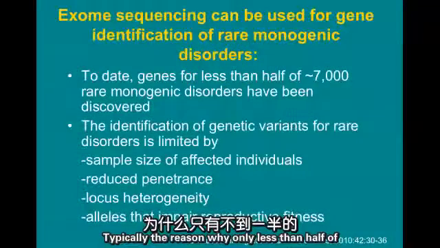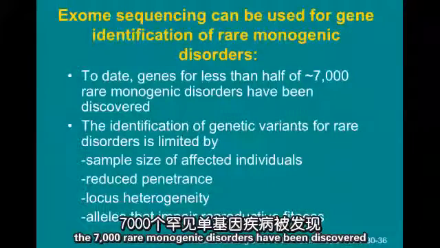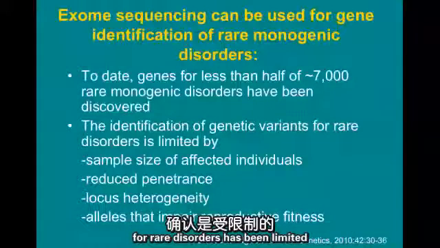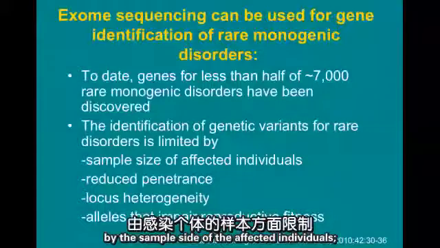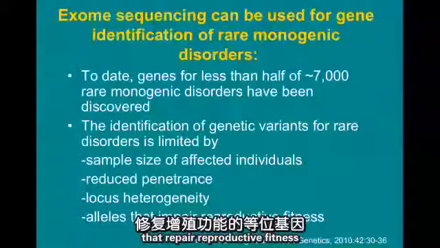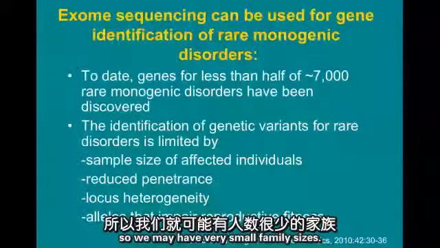And so typically the reason why only less than half of the 7,000 rare monogenic disorders have been discovered is that the identification of these genetic variants for rare disorders has been limited by just the sample size of the affected individuals, reduced penetrance, locus heterogeneity, and alleles that impair reproductive fitness, so we may have very small family sizes.